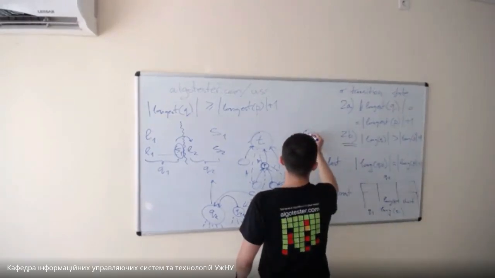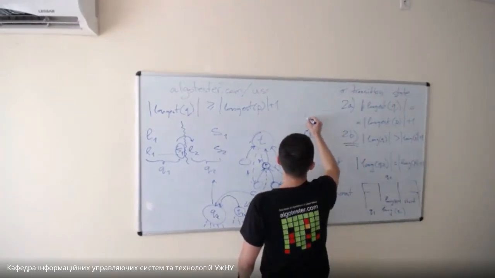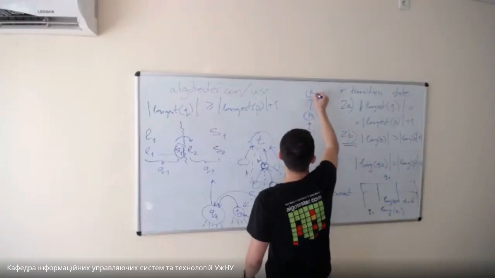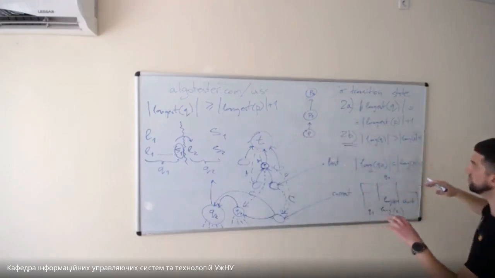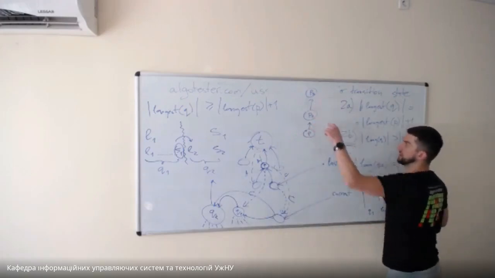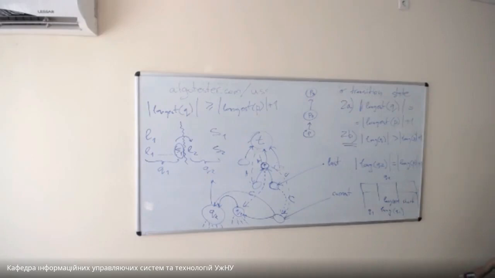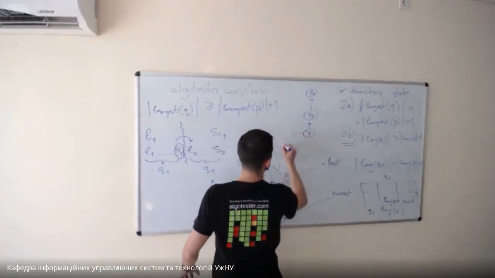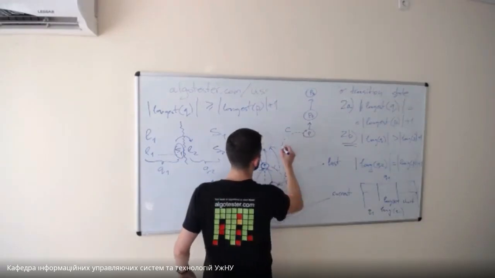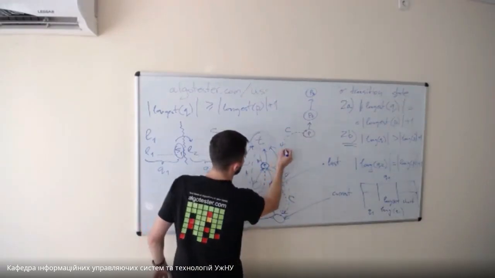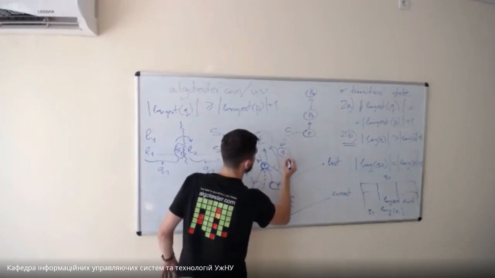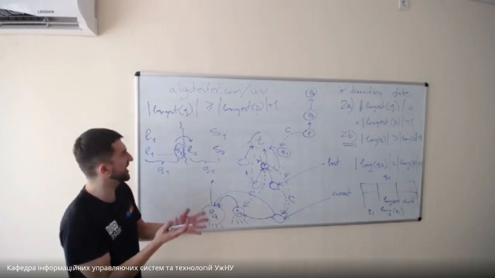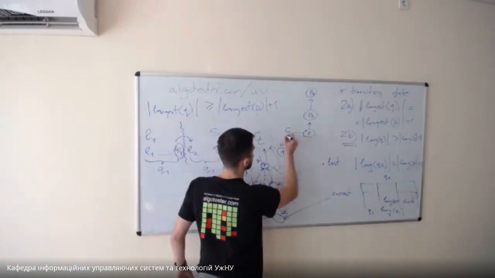So that's P, then suffix link P2, P3. So we move up with suffix links, and until there is a transition with letter C on it to the state Q1, we have to reassign or change it.